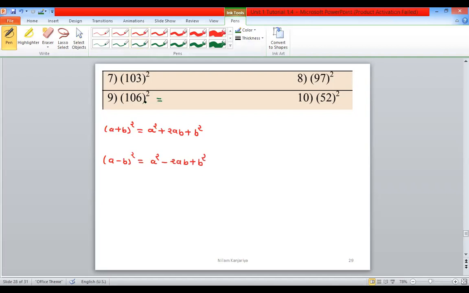In the 106 whole square, that means 11, 236. Okay, 11236. Yes, right. Divya also said 11236. Done. The answer of the ninth is 11236.